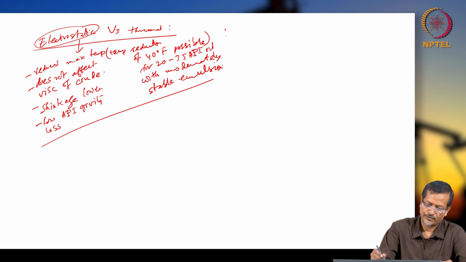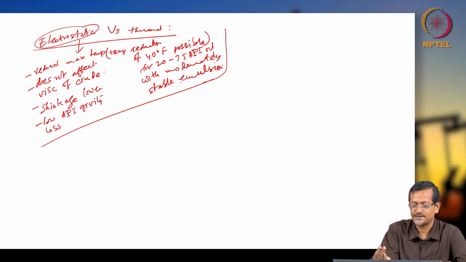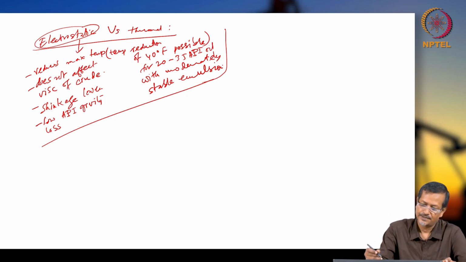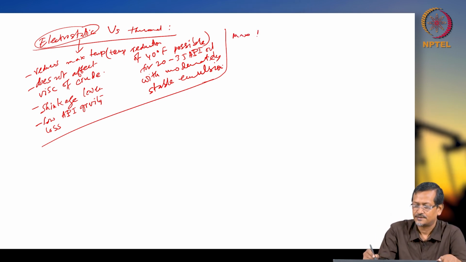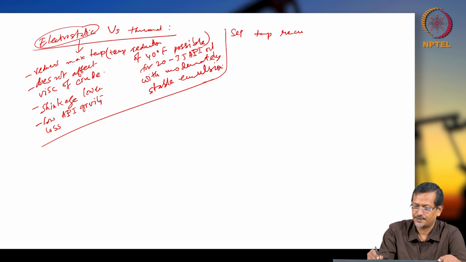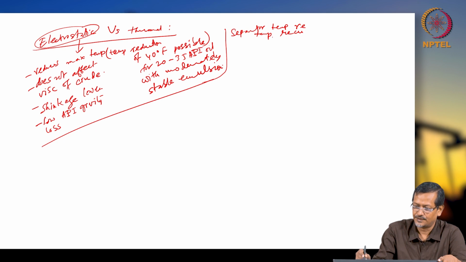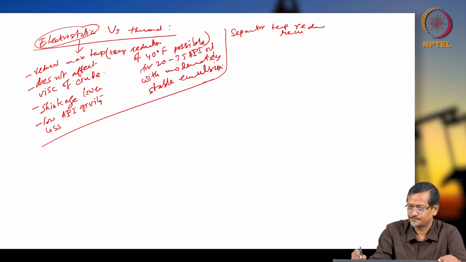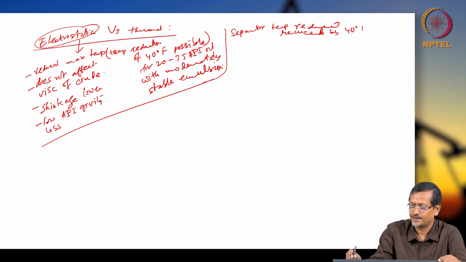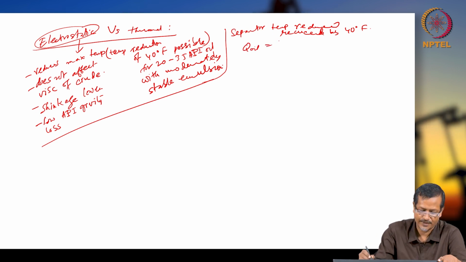The same problem, if you want to solve with an electrostatic separator, where the maximum temperature or separator temperature is reduced by 40 degrees Fahrenheit. So then what will happen?